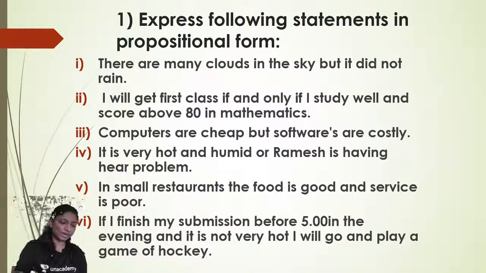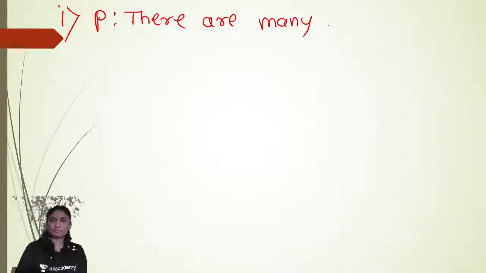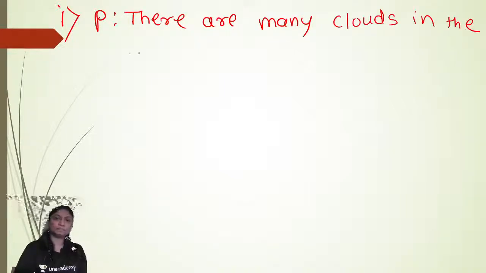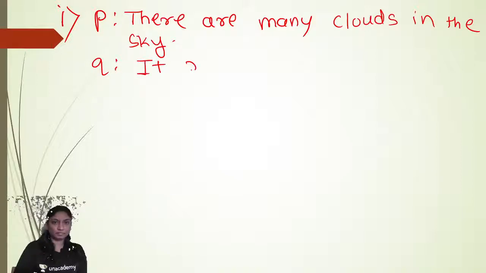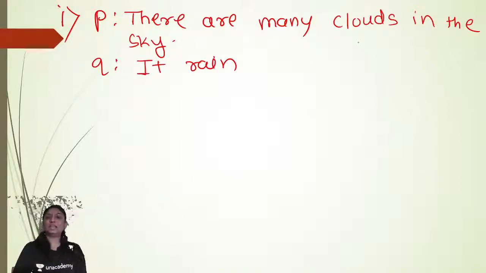So how will we write? First of all, we have to write down the statements P and Q. So first, P is the statement: there are many clouds in the sky.